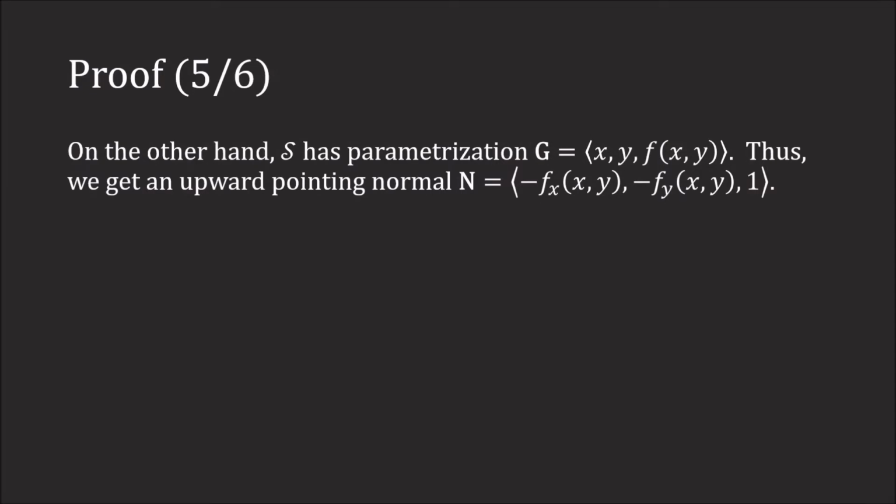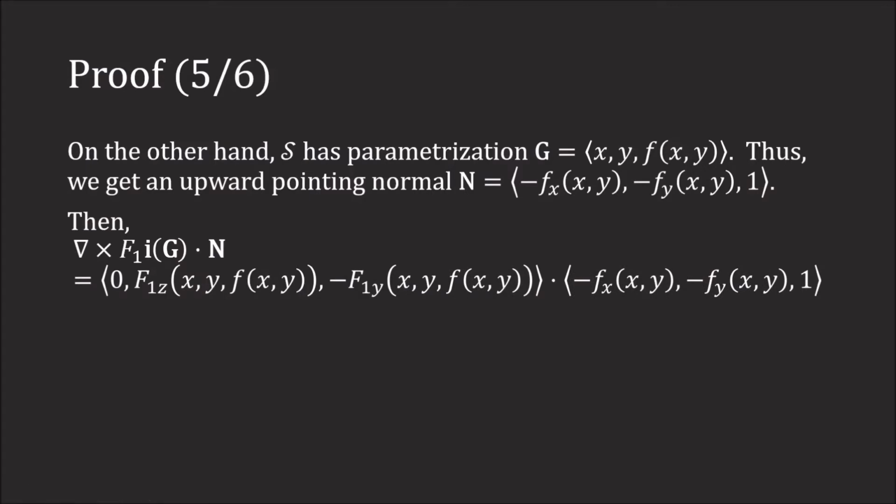On the other hand, S has this parameterization right here. Thus, we get an upward pointing normal vector here. So now the curl of f1 i, evaluated at G, dot n, here is the curl. Here's n.